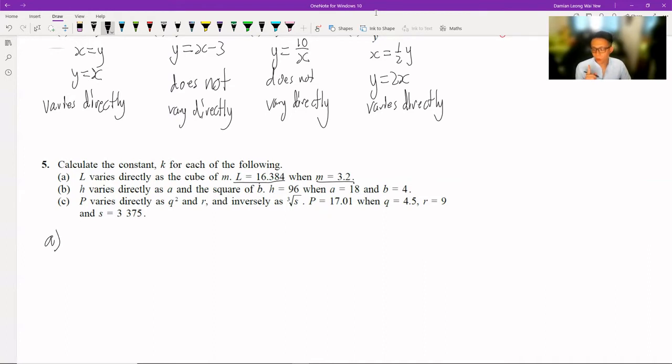But we don't always use k, because sometimes in the question itself, maybe something else already they will be using k. Then we use another letter to represent. We can use maybe lambda, or even m is fine.